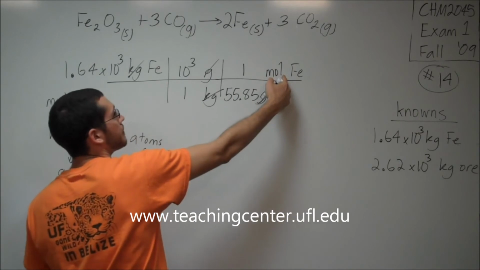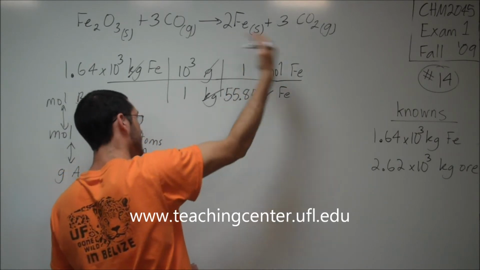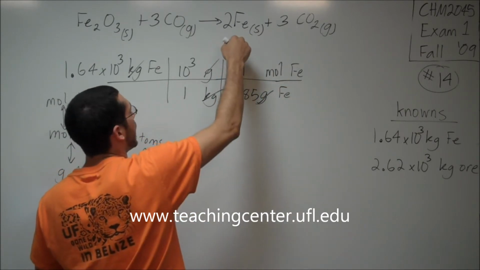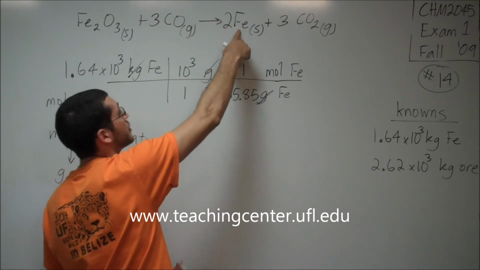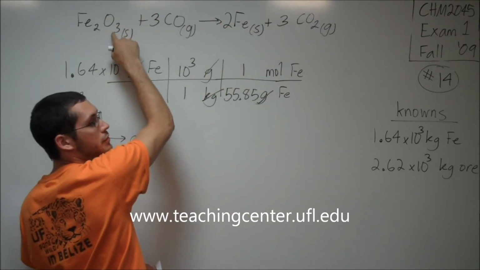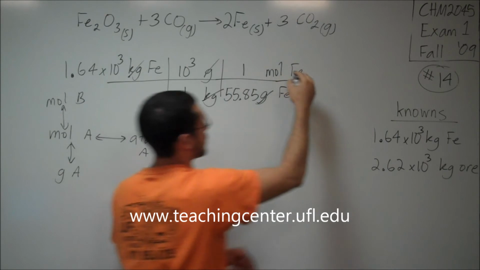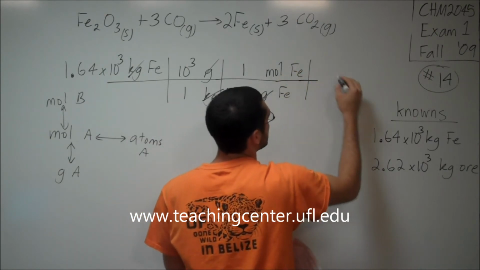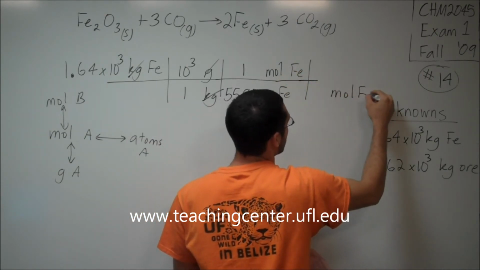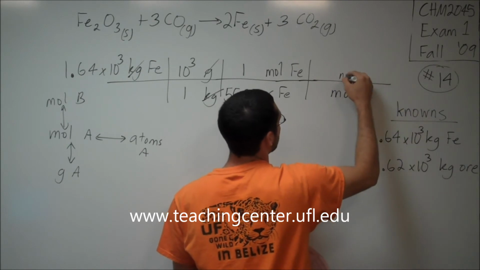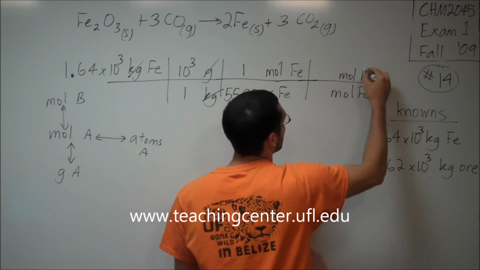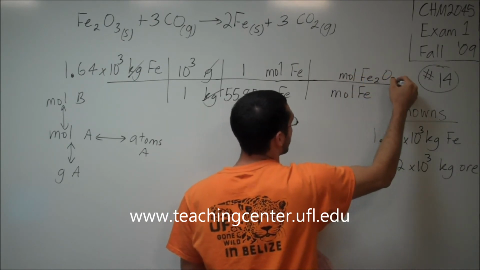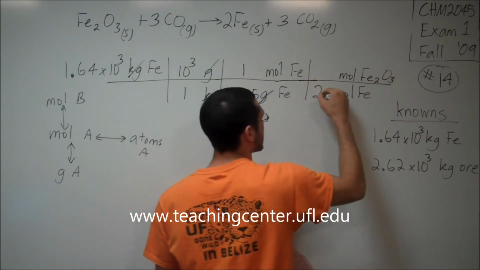Now I'm at moles of iron. How many moles were produced? I see that for every 2 moles of iron that were produced, I must have had 1 mole of hematite to start with. So, moles of Fe, and then I'm looking for moles of Fe2O3. It's a 2-to-1 ratio.